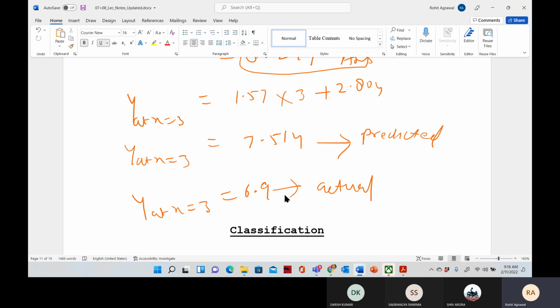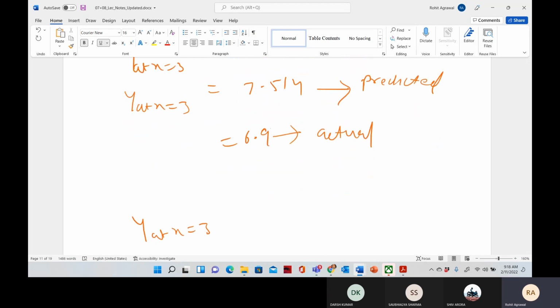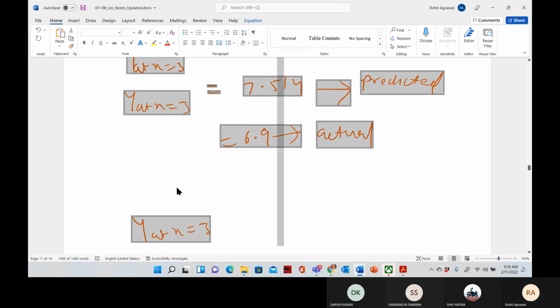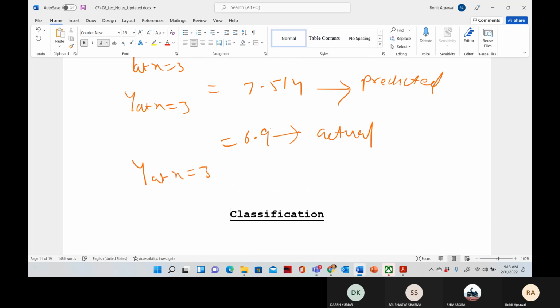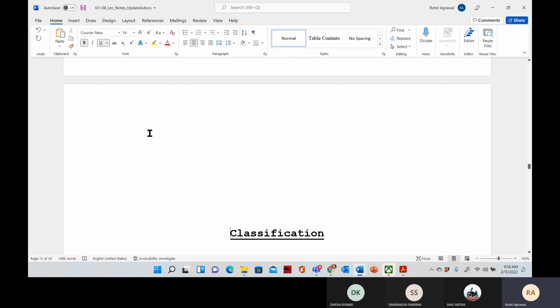Or from where this error arrived, because we assumed this formula y equals to mx plus c. So suppose we were having this, suppose 0, 1, 2, 3, 4, 5, 6. ठीक है, and what were the y values?